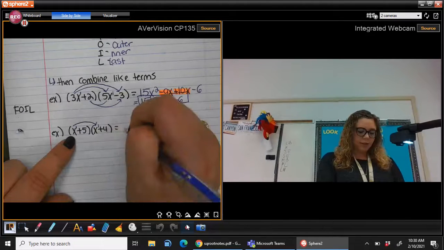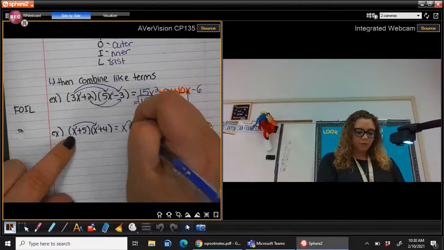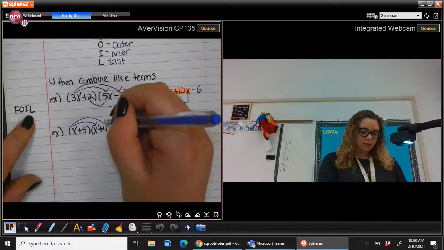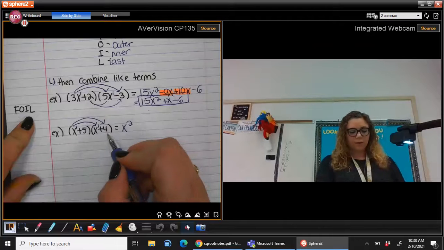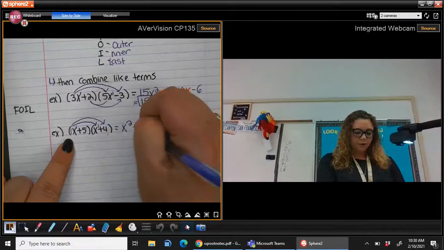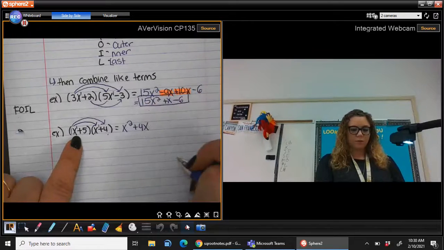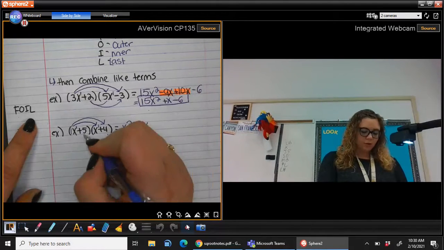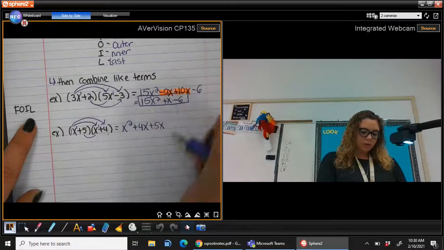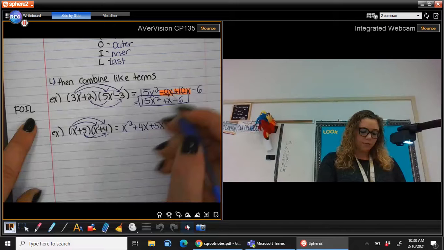My bases are the same, so 1 plus 1 is going to give me 2. My outer terms. x times 4, again my coefficient here is 1, 1 times 4 is plus 4, and then I just have my x. Okay, my inner two terms, 5 times x is just 5x, and then my last terms, 5 times 4 is 20.